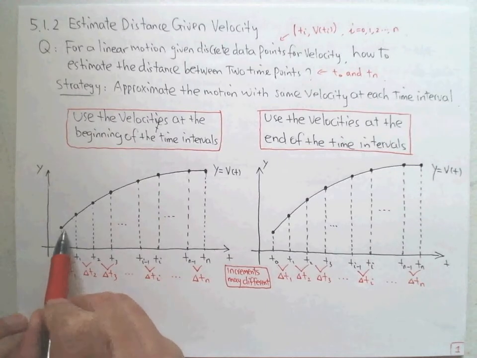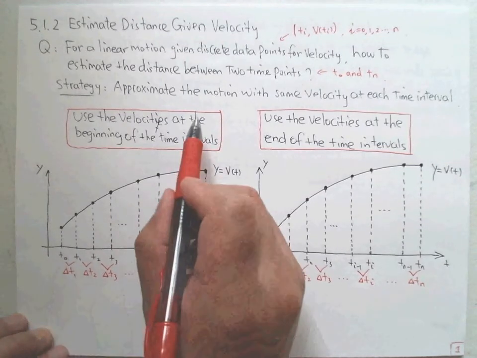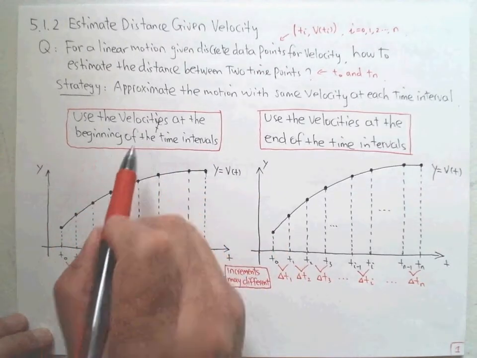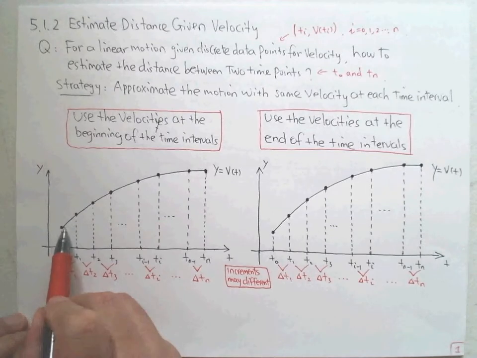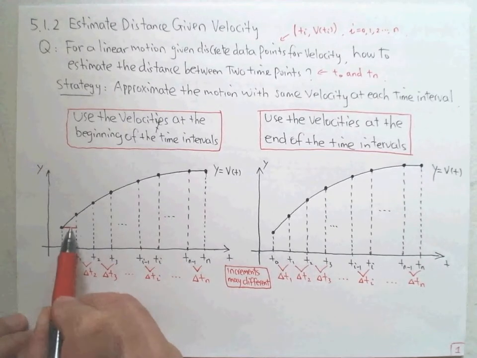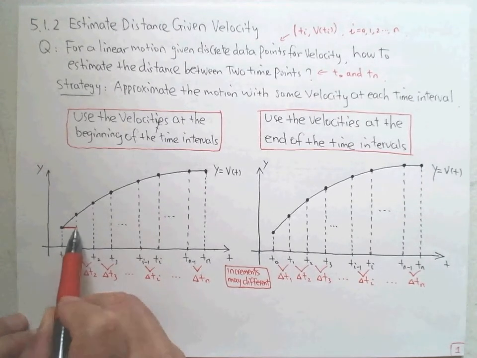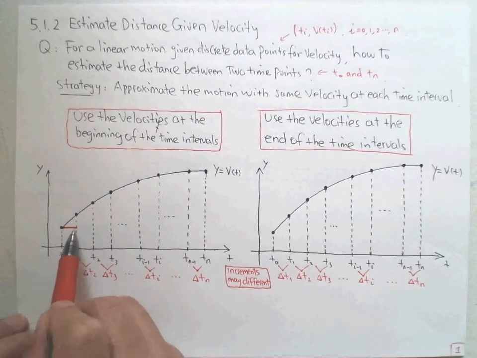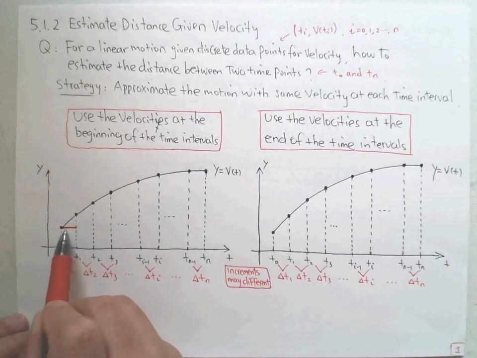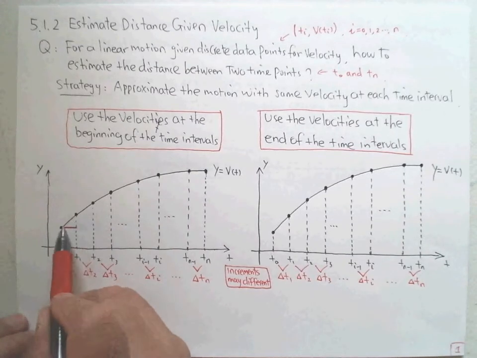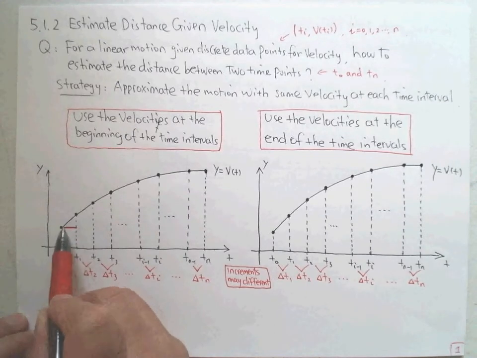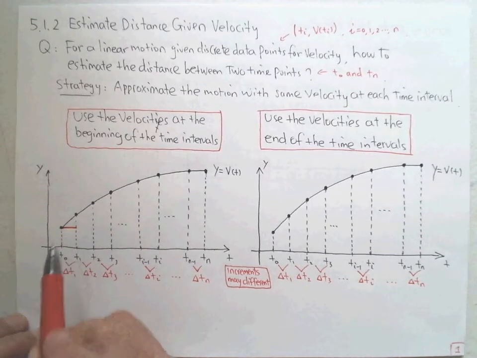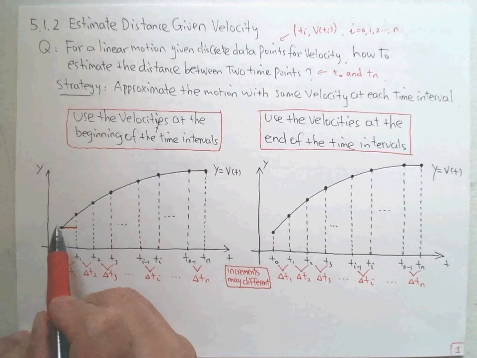For the first interval, use the velocity at the beginning, which means t0. So draw a horizontal line, and use this small horizontal line, the stable velocity, to approximate this curve. So what is the velocity?